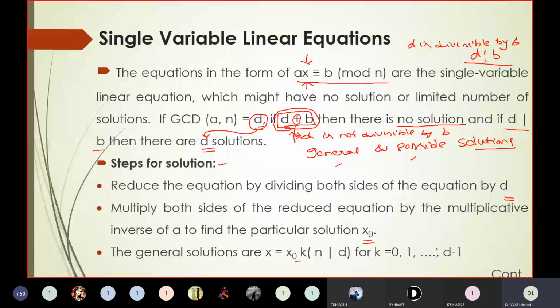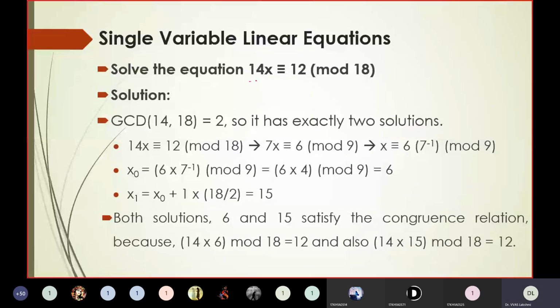First we are going to take an example. Here this is the equation: ax is congruent to b modulo 18. So what is the meaning? Here b is 12.